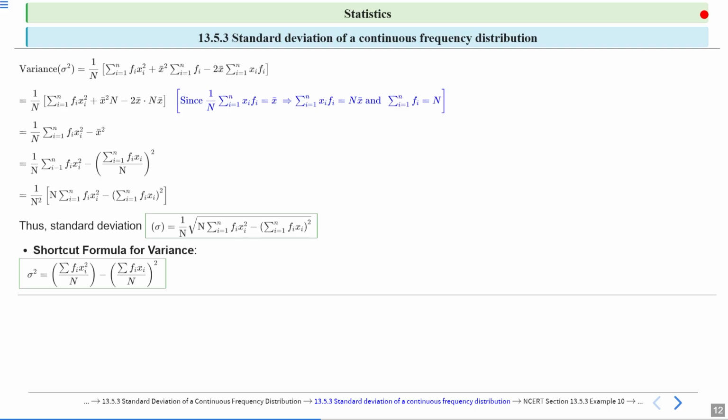So now, shortcut formula for variance is sigma squared equal to summation fi times xi square divided by n minus summation fi times xi divided by n whole squared.